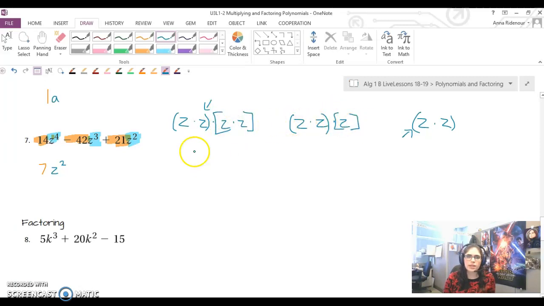So you can easily see that z squared is a factor of all 3. So hopefully that visualization helps a little bit. But again, you are limited by the smallest exponent, so it would be the z squared. And so our greatest common factor would be 7 times z squared.